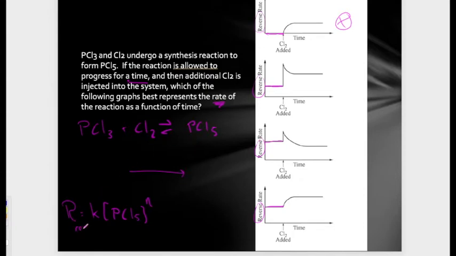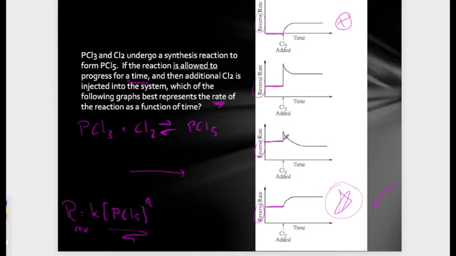So the rate of the reverse reaction depends on how much PCl5 I have. And if I add excess Cl2, then I am forming more PCl5 slowly. And so I know that because I'm making more product, the reverse rate should slowly increase. And therefore, I get this graph right down here. So I know that this one is the correct answer.